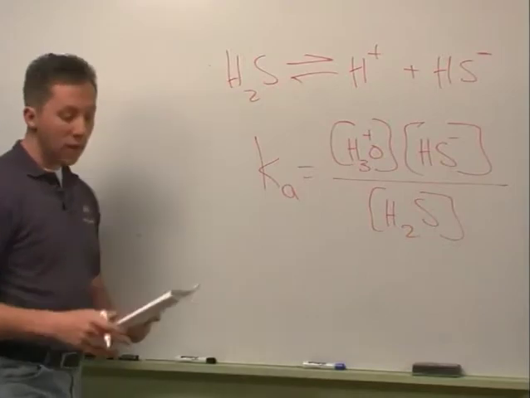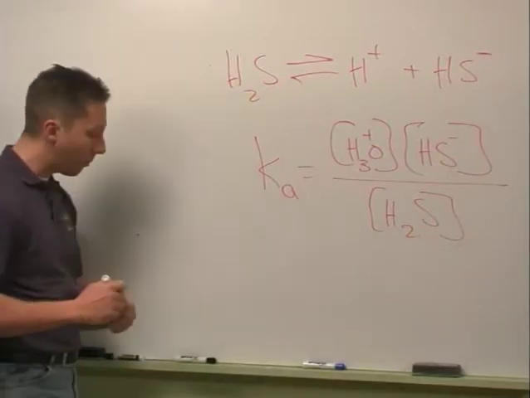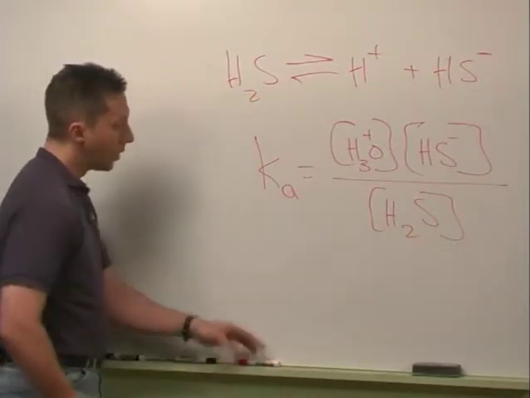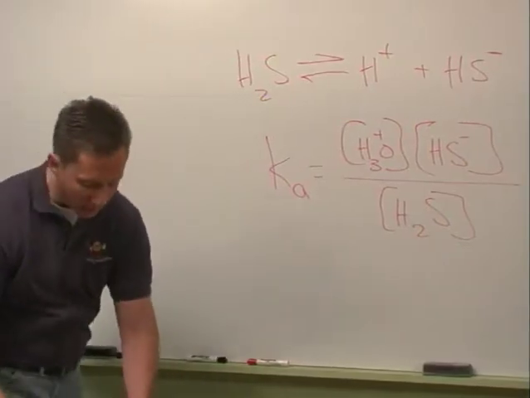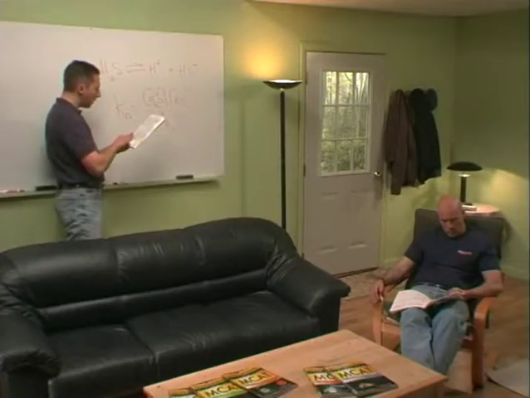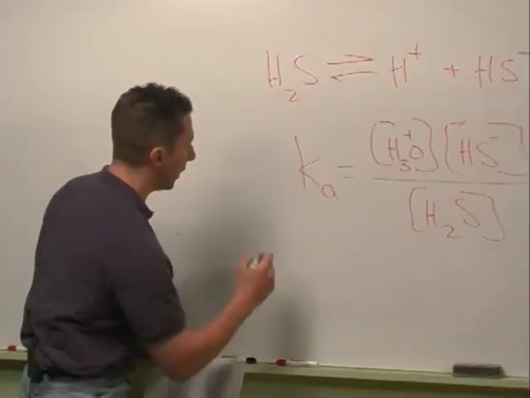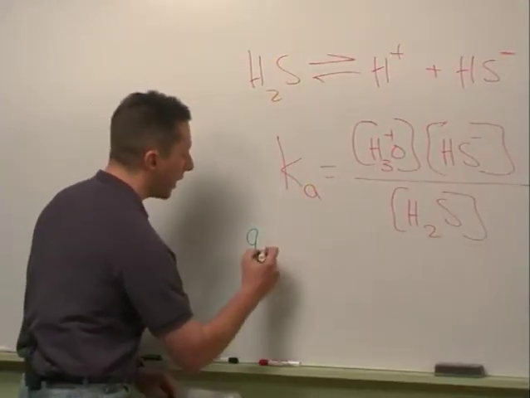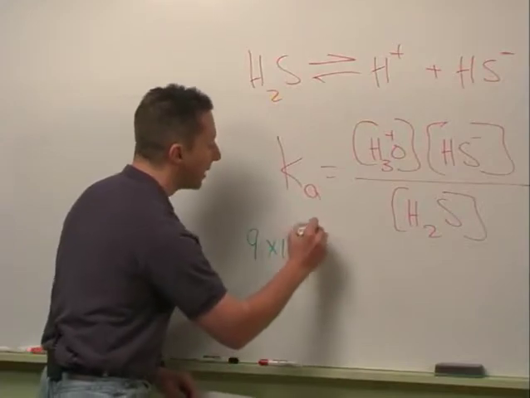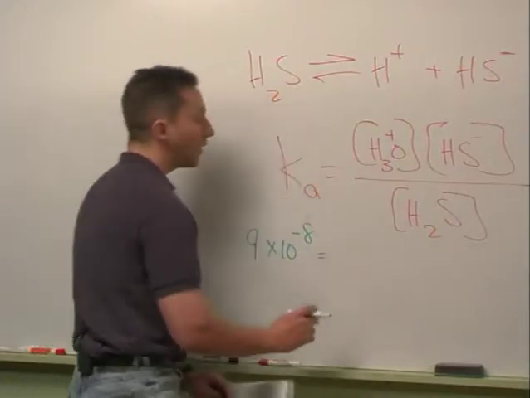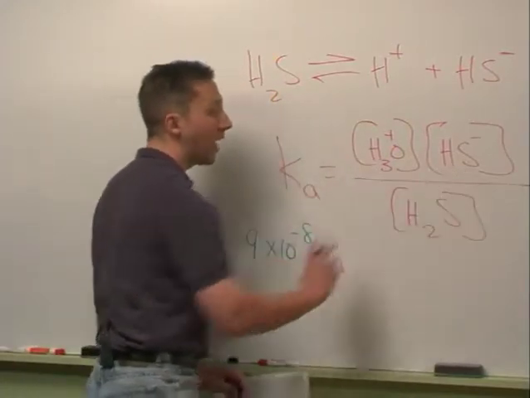Now we know a couple things going into this problem, so let's plug those values in. We know the Ka of this particular acid from the table, 9.1 times 10 to the negative 8. Now I'm just going to simplify to 9 times 10 to the minus 8 is the Ka value, and that's going to be equal to H3O plus and HS minus.